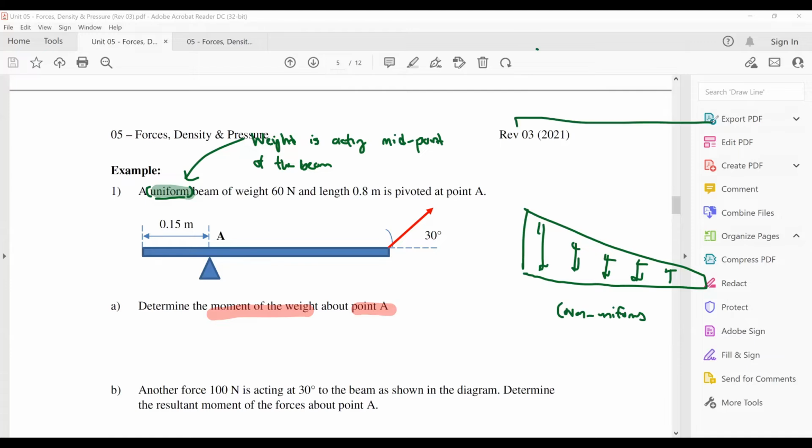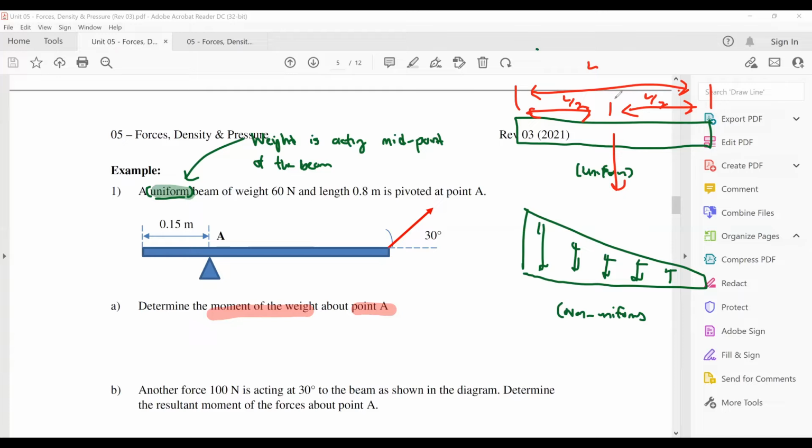This one here, if I draw it nicely using a ruler, is considered to be uniform, right? If I tell you it's a uniform beam, your weight would act exactly at the center. Say if this one is L, your weight would act exactly at the middle, at L over 2, okay?